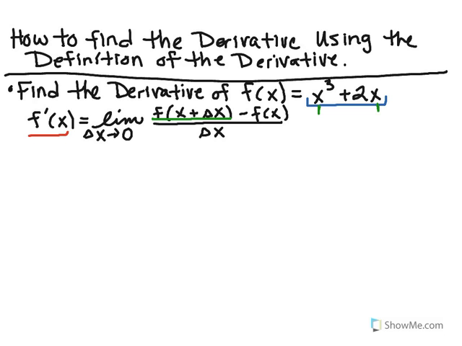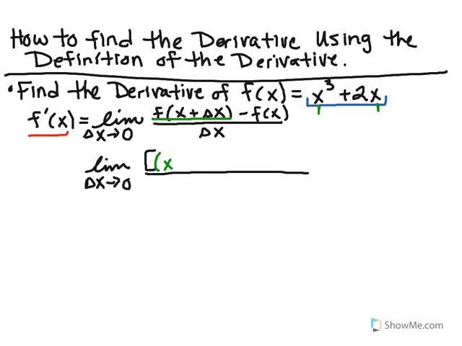So to get this first part taken care of, I am going to first of all rewrite my limit notation. Change of x approaches 0. So I'm going to plug this x plus delta x in for x in that entire part. So I'm going to rewrite the x parts in green.